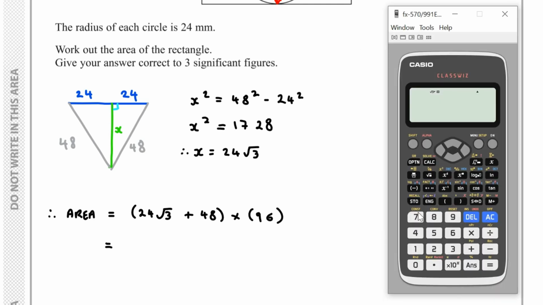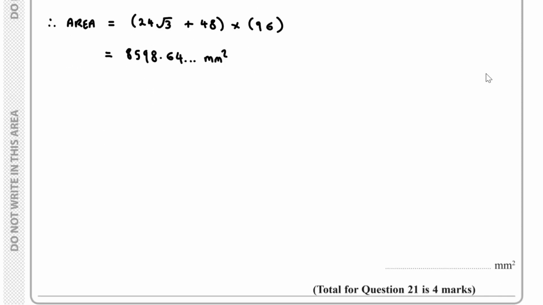So if I multiply this by 96, we get over here we get 8598.64 etc. millimeters squared, and therefore to three significant figures we have 8600 millimeters squared.